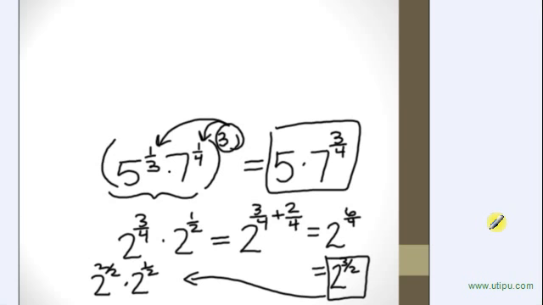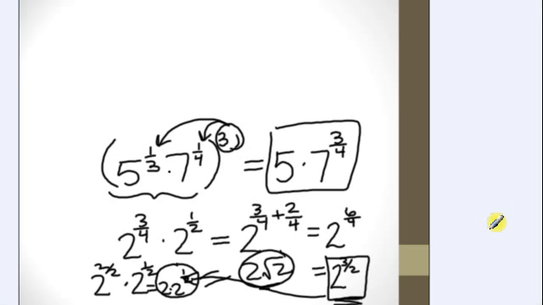And I could write this as 2 times 2 to the 1/2 power. Or 2 times the square root of 2 would be another way of writing that. Now, each of these is equivalent. Those are 3 different ways of writing the same answer.